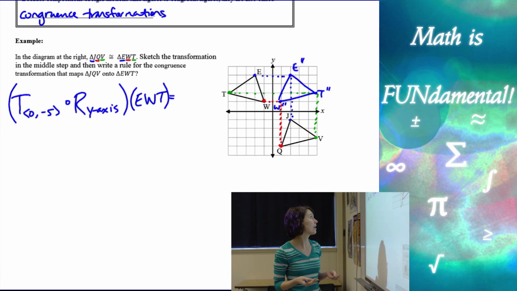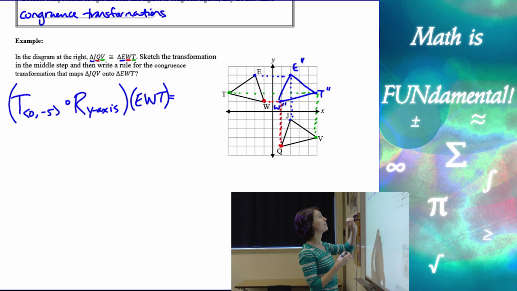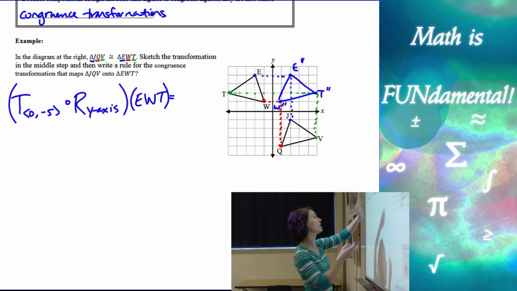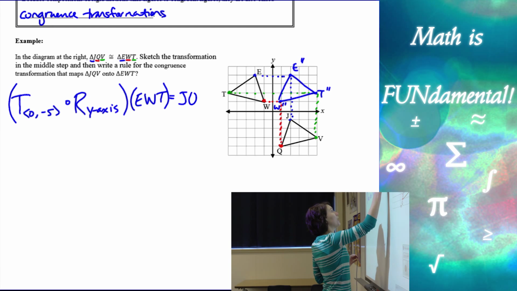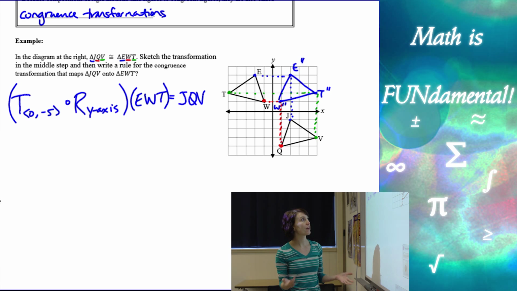There's nothing telling me that I couldn't, but if I did that, I won't have the same transformation. So we have to be really specific. I started with EWT and I ended with JQV. So yours might be completely different than mine, but there's one example on how to figure out how to get from one to the other and write your own congruence transformation.